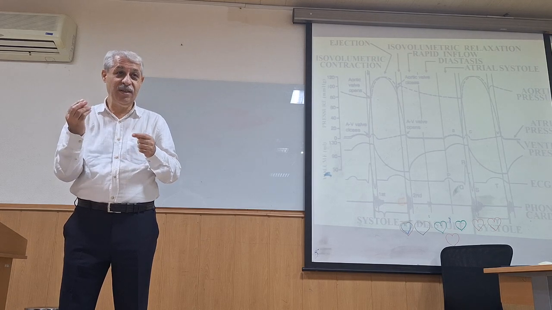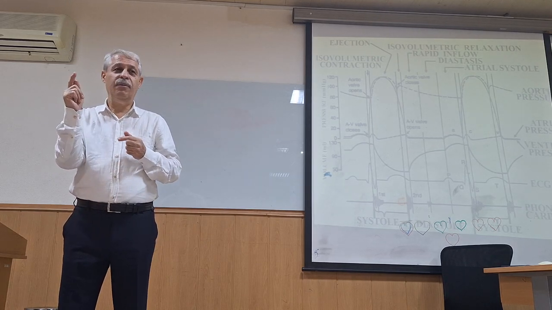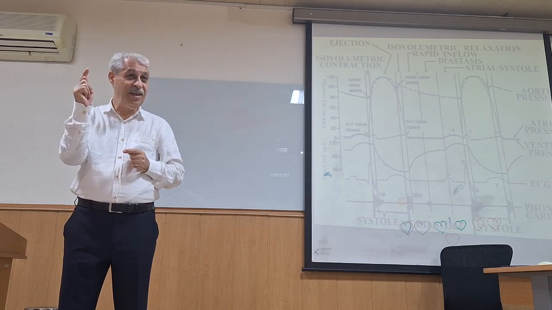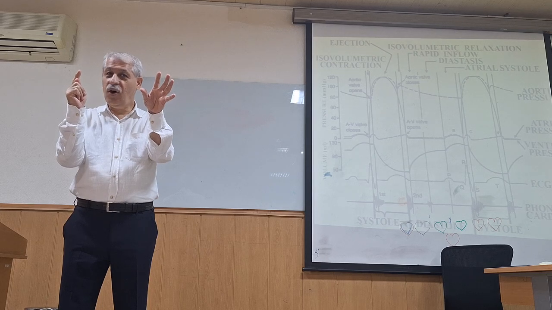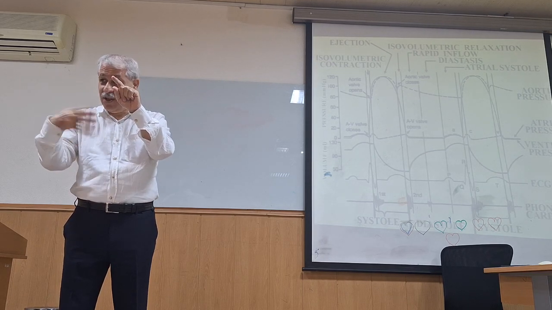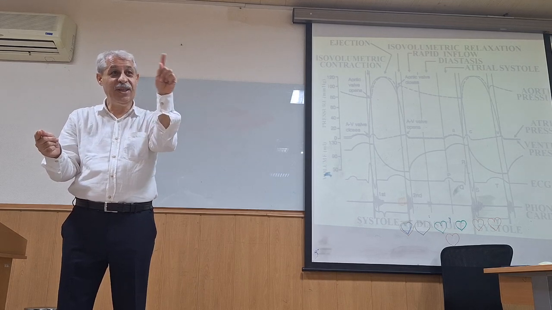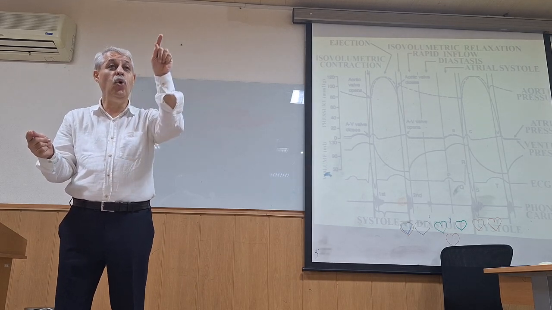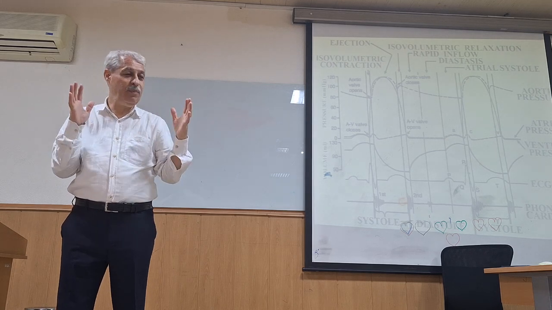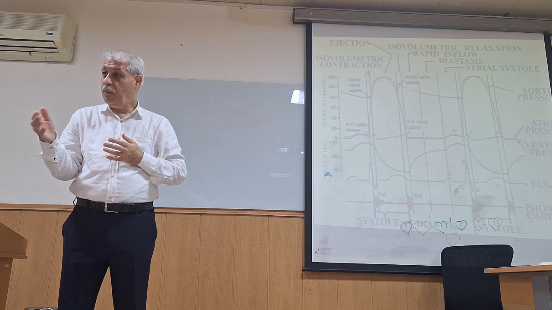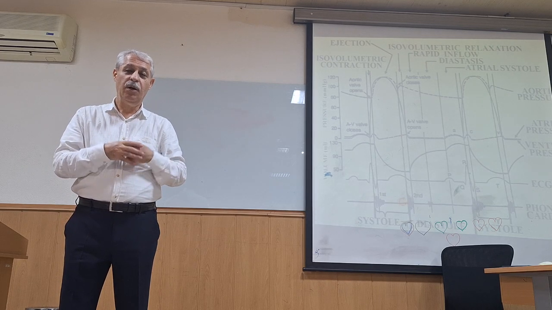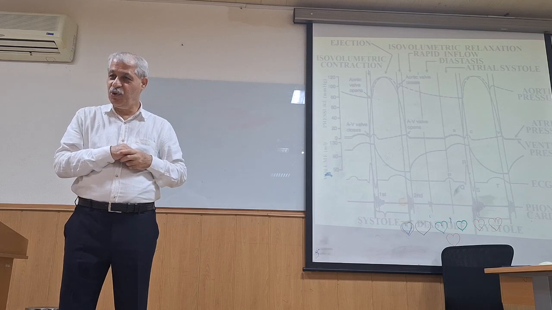When the pressure inside the ventricle passes 80, the valves open. The contraction is still continuous because the pressure inside the ventricle will go up to 120. So the part when the volume doesn't change but the pressure increases is called isometric contraction. But during ejection, we have isotonic contraction.